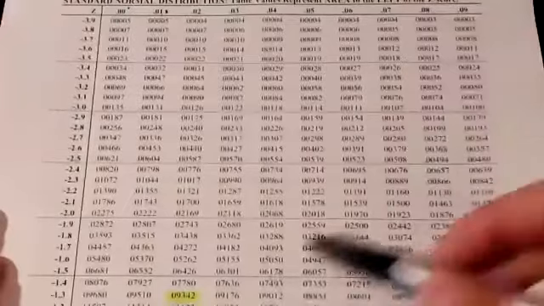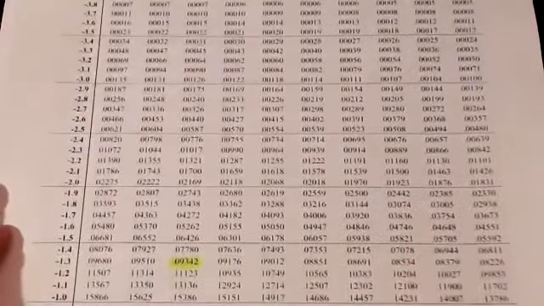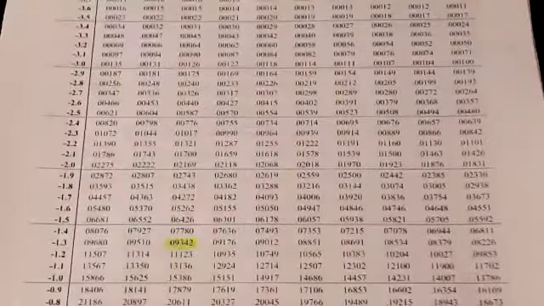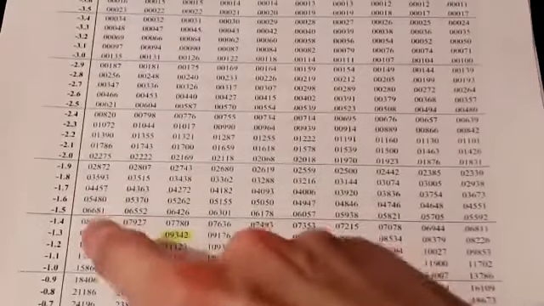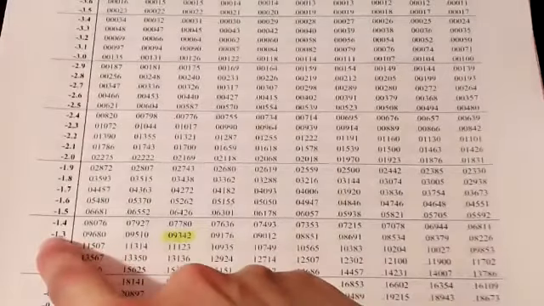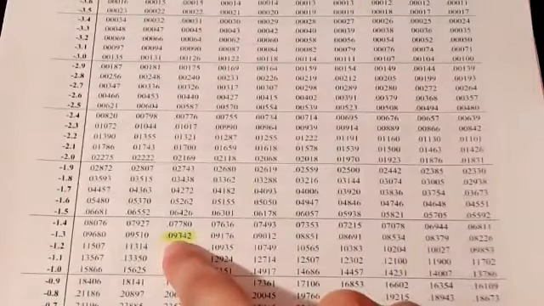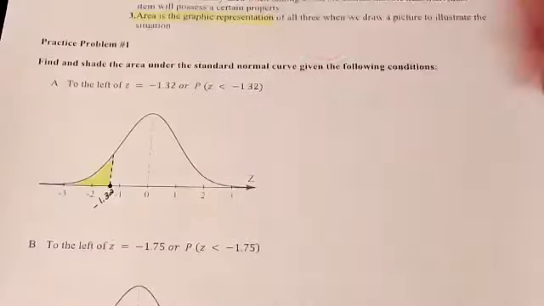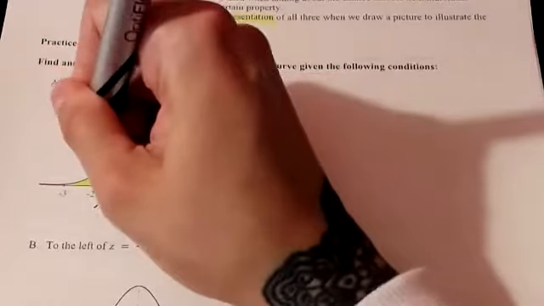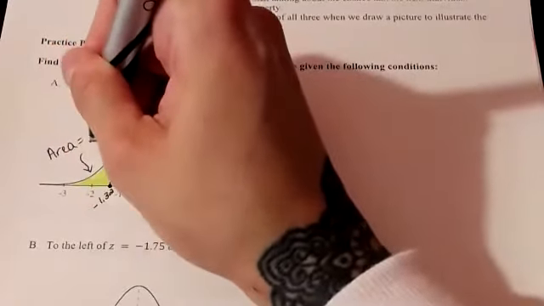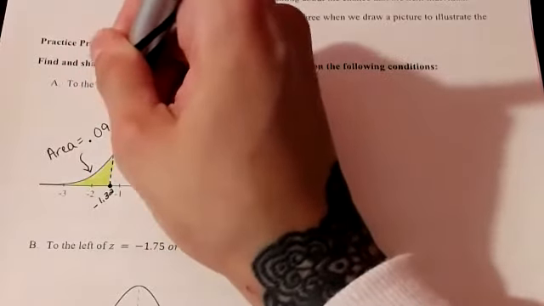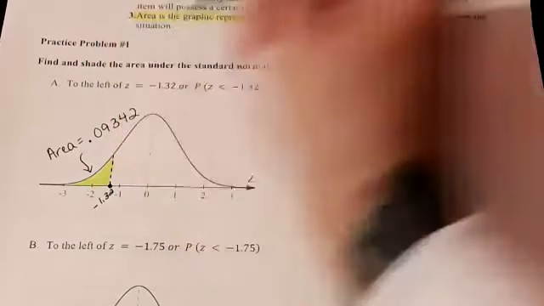And all of the values in the table represent the area to the left of the z-score. All of these values are to the left. So we find that the area to the left of a z-score of negative 1.32 is 0.09342. This has an area equal to 0.09342.